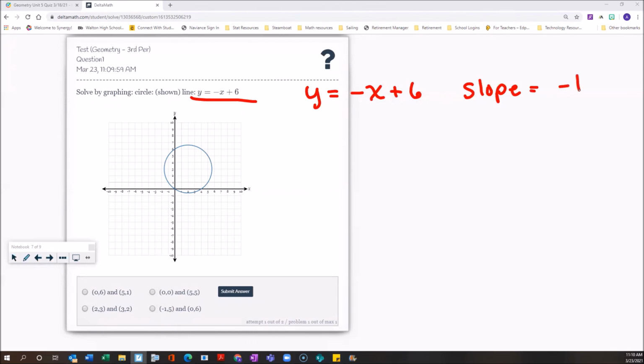Okay, I've had a ton of questions on that. So if there's not a number in front of the x, it's 1, right? So if it's negative x, it's -1. So the slope is -1, and the y-intercept is at 0, 6, -1 slope, right?